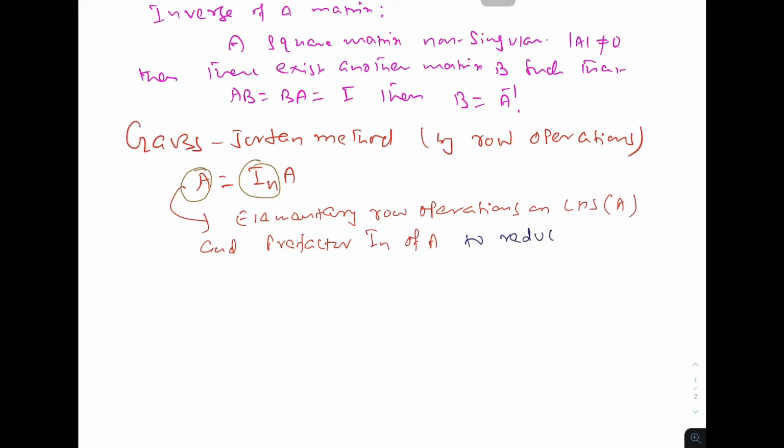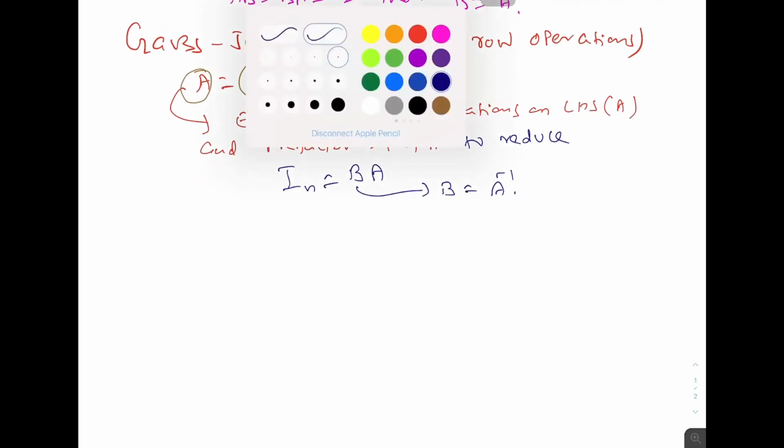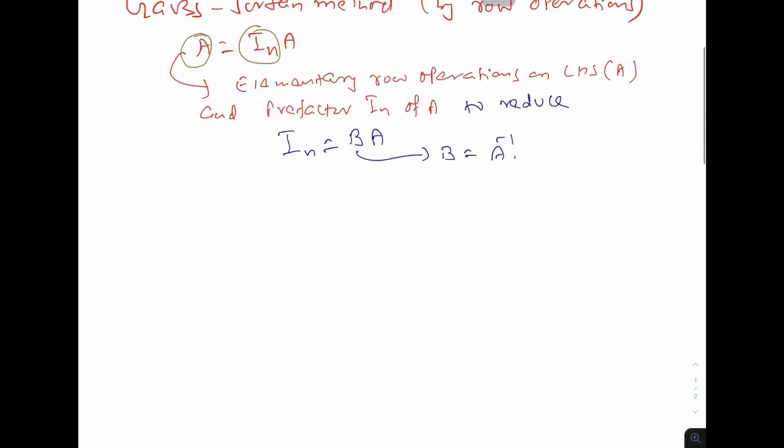To reduce the form, like here it will become In, and here some matrix B and that A. So this B is A inverse. Okay, so that's very easy. Normally it is asked as a question in an exam. So let us solve the example here.